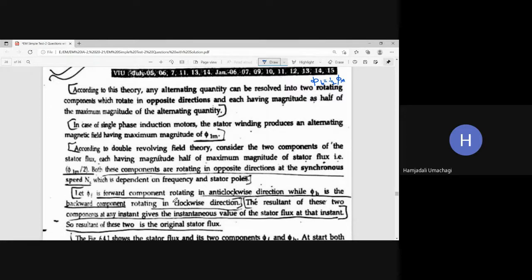The resultant of these two components at any given instant gives the instantaneous value of the stator flux at that instant.